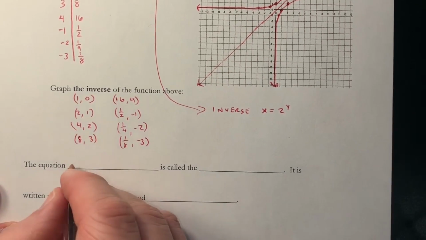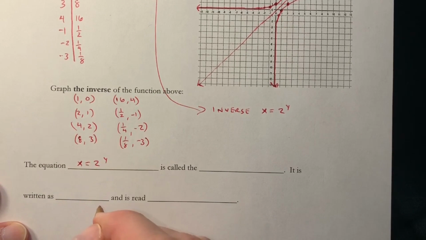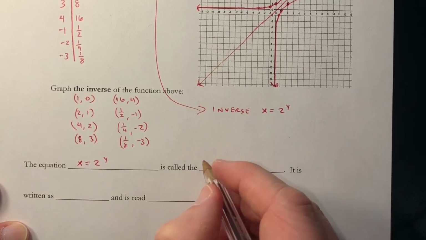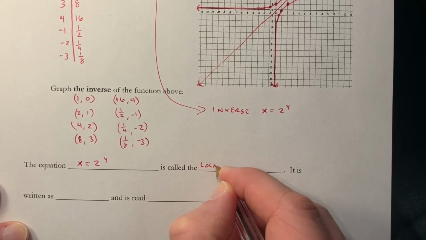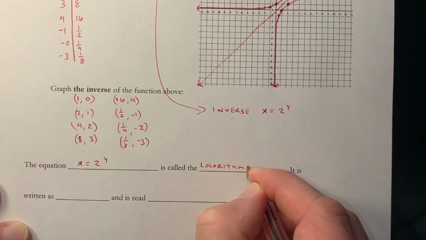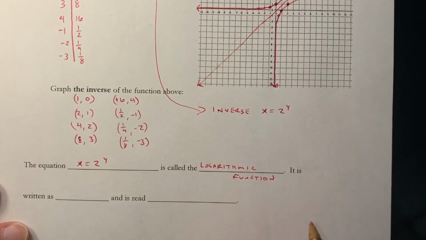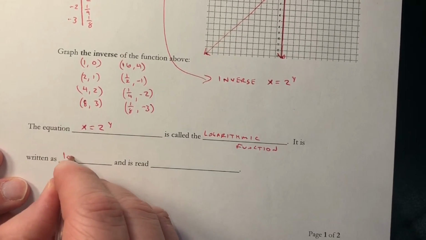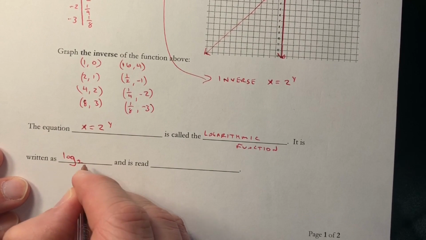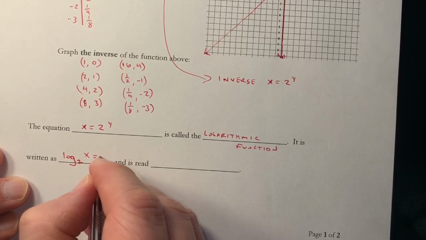So the equation x equals 2 to the y power is called the inverse, but it's also the logarithmic function. And it can be written as log base 2 of x equals y.